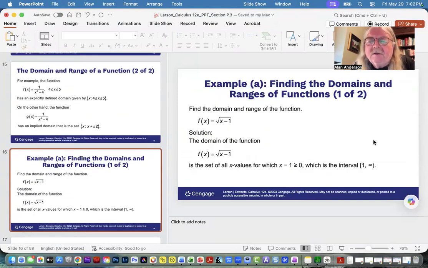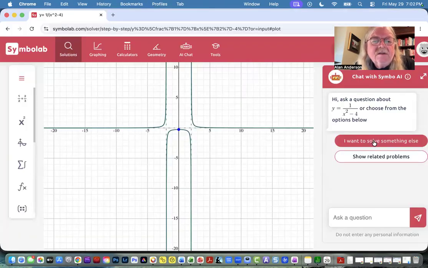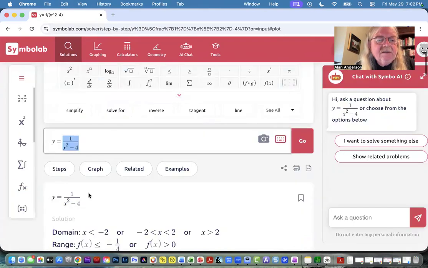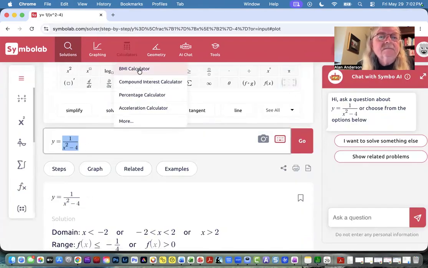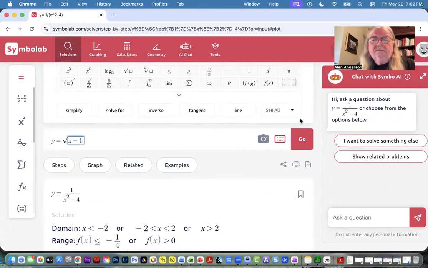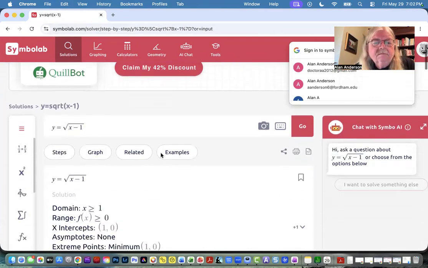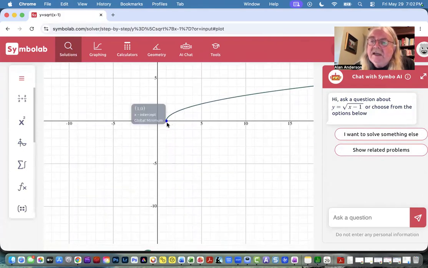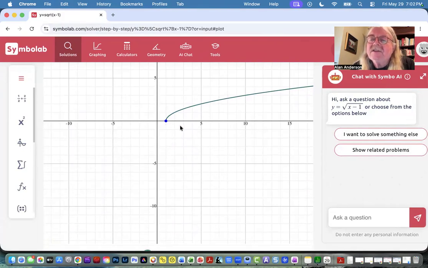So here's one, just like the one we just did, the square root of x minus 1. We can do a quick graph right here. You can see this time it starts at 1. We can have a 1 and anything above that, but we can't have anything less than that because that would result in a negative square root.